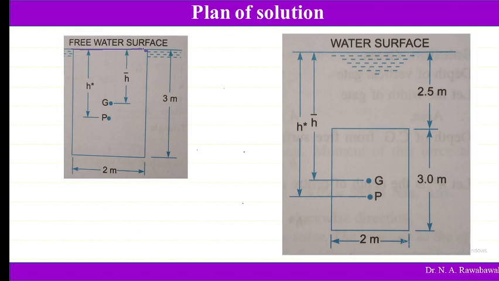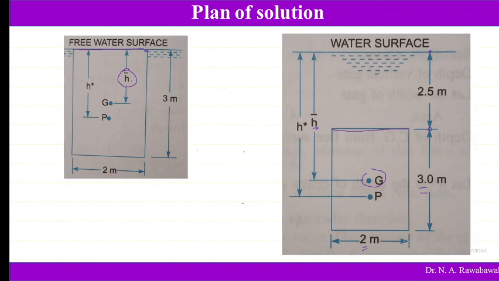In the second case, it is submerged such that its edge is at a distance of 2.5 meter from the free surface, and the dimensions are the same, width 2 meter and depth 3 meter. So distance of center of gravity is given by h bar, and here also the distance of center of gravity is h bar.